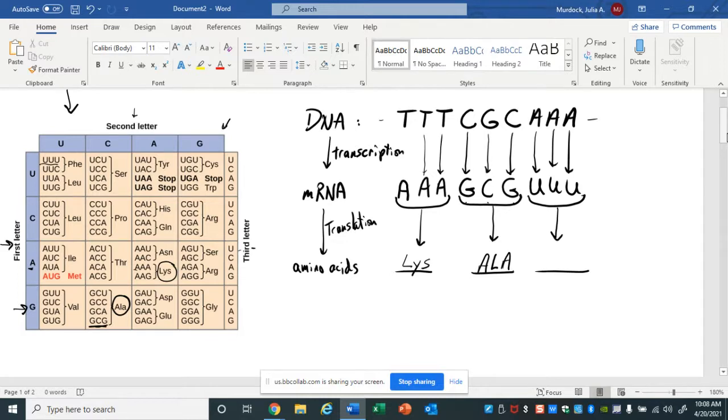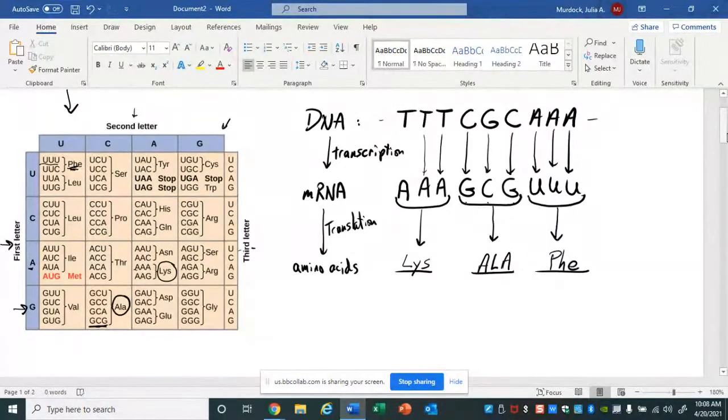Okay. My last one is UUU. Which one's that? Somebody tell me. PHE. Yes, you got it, Maddie. There it is. UUU gives you PHE, which is phenylalanine. But all you have to do is write PHE and you've got it.